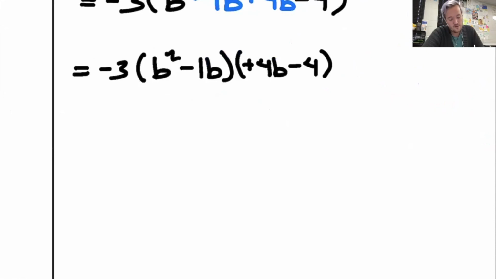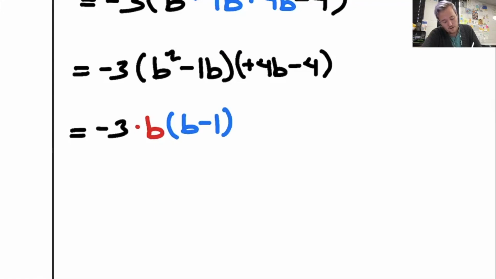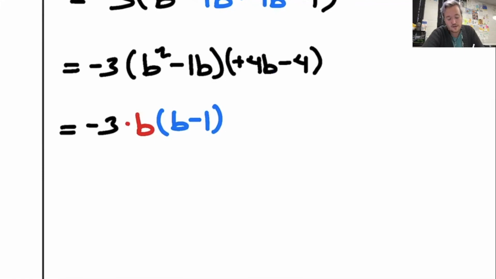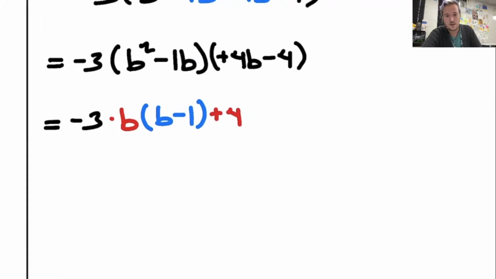In the first group, I'm going to take out a b value, and what's left in the parentheses is b minus 1. In the next group, between 4b and negative 4, I'm going to take out a positive 4, which means in the second group I'm going to have b minus 1.